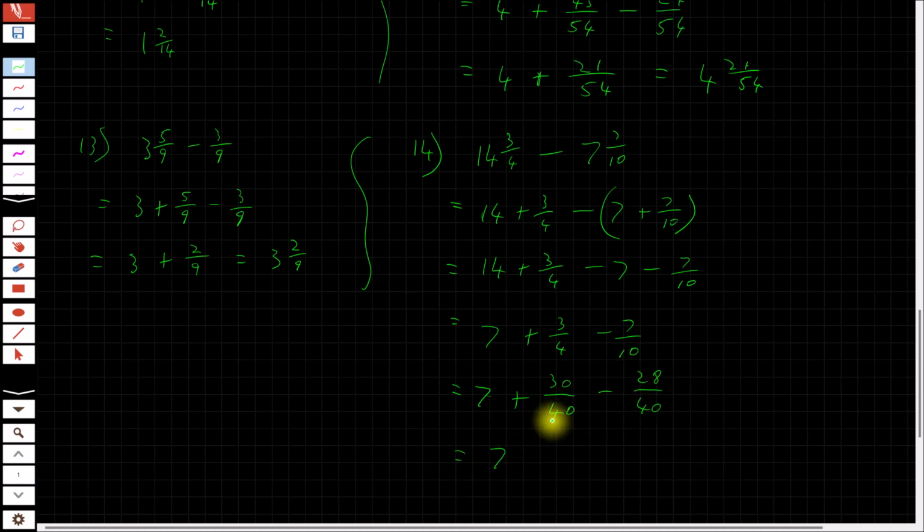So now we have the same denominators. We can simply subtract the numerators. So 30 take away 28 is 2, which is equal to 7 and 2 over 40. Okay, that completes the lesson on adding and subtracting fractions.